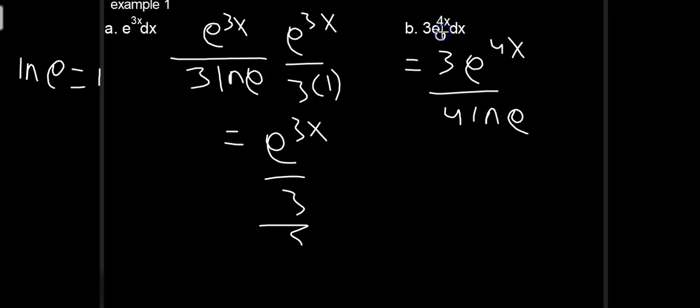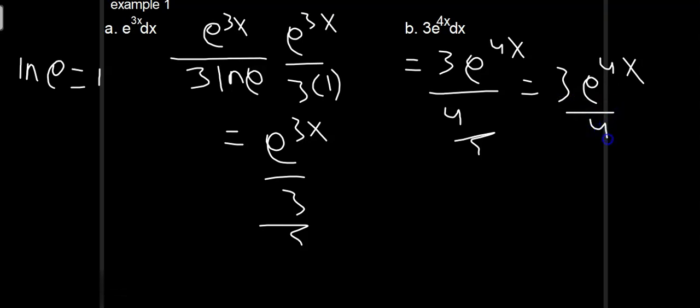E is this one, so I've written it down, but I don't have to write it again. If you know that ln e is 1, just don't write it again and again. So my last answer will be 3e raised to the 4x over 4. This is all you have to do.